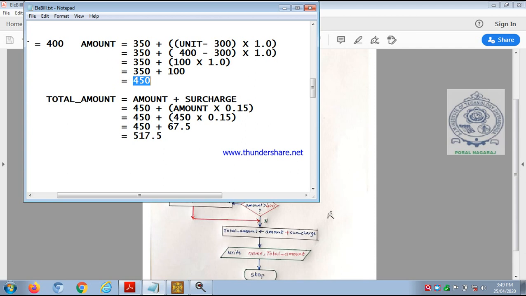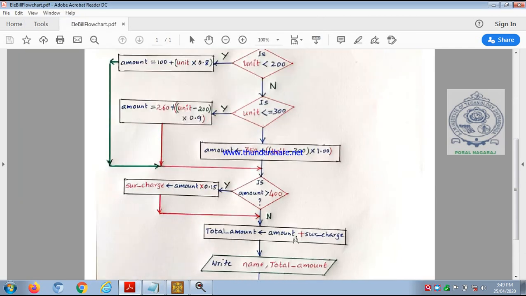So amount is greater than 400. That's what we are doing here. So total amount, is amount greater than 400?